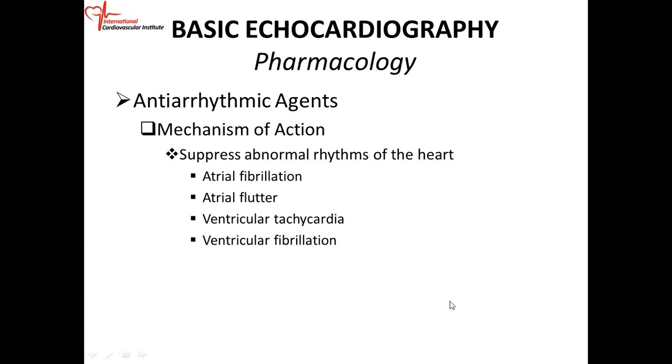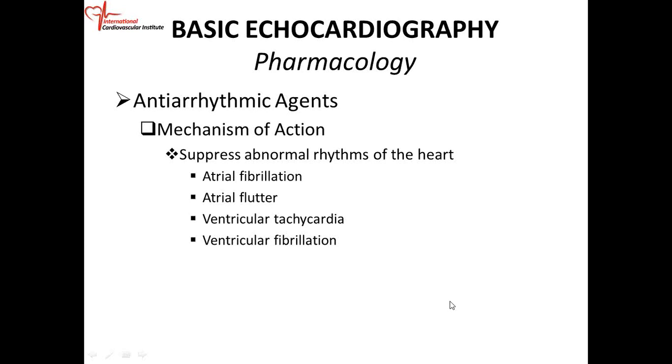You can have things like atrial fibrillation, atrial flutter, AV nodal reentry tachycardia, atrial tachycardia, those are some of the supraventricular arrhythmias. Then ventricular arrhythmias, you have your PVCs, your ventricular tachycardia, ventricular fibrillation. So those are the more common arrhythmias.